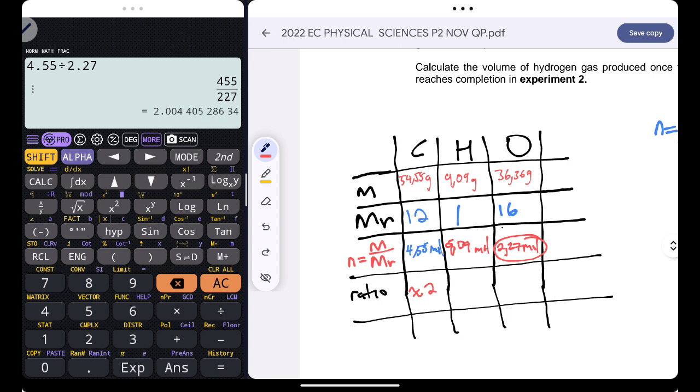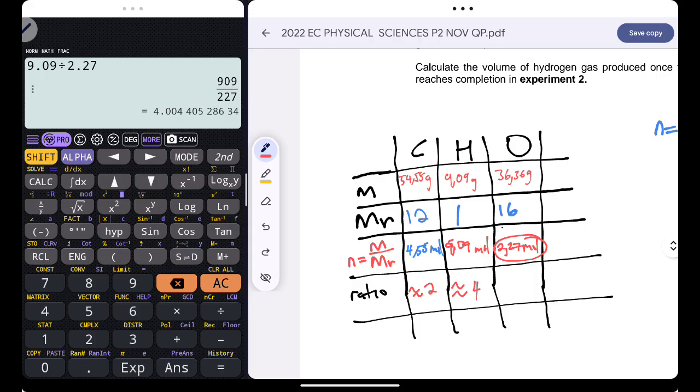Are you together? Remember that, guys, empirical formula is the smallest whole number value. That means whenever we find our ratios, we must always round them off into whole numbers. Are you together? Same thing applies with the hydrogen. Divide that by 2.27. I'll get 4.004, which is approximately 4.